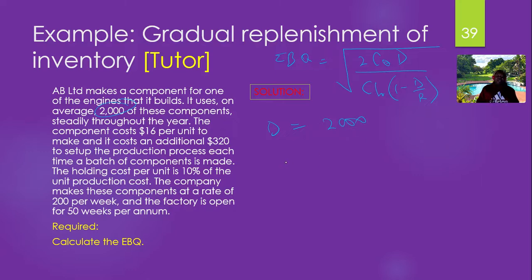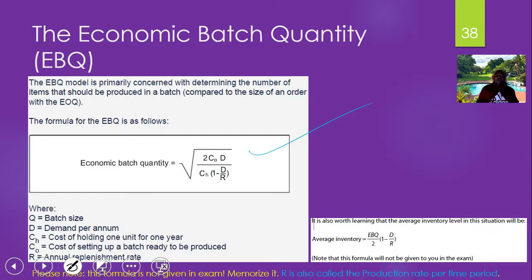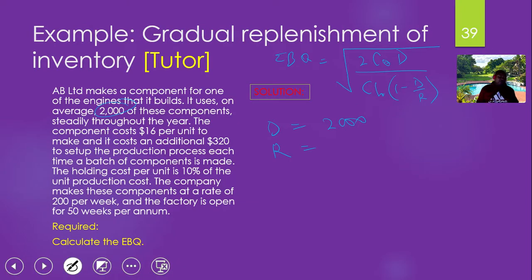Then let's find our R. Let's try to find the R. We are told here that R is the annual replenishment rate.